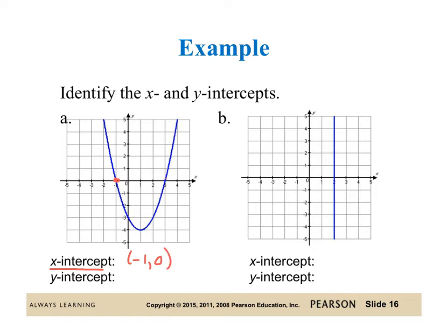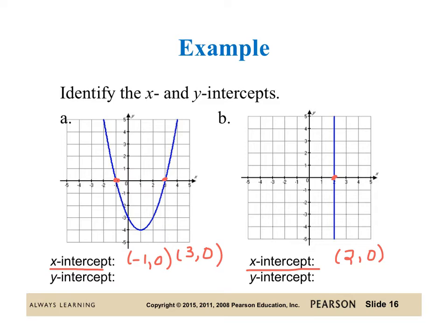And its second x-intercept is at the point 3, 0. Graph B is a vertical line. It does cross the x-axis, and its x-intercept is at the point 2, 0.